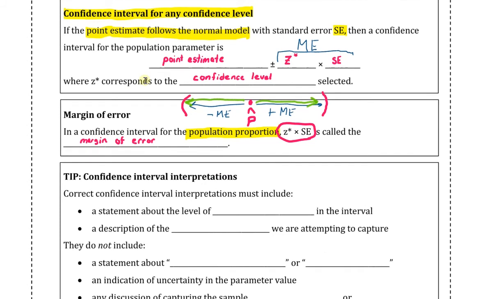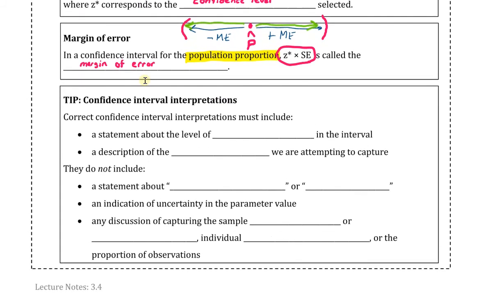Consider the following tips when writing interpretations of your confidence interval. A correct confidence interval interpretation must include a statement about the level of confidence in the interval and a description of the parameter we are attempting to capture.